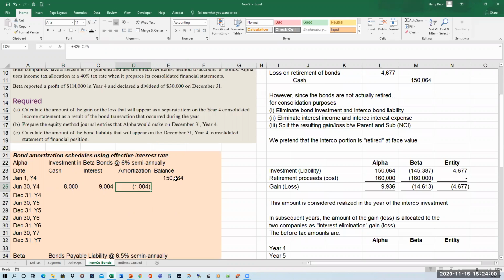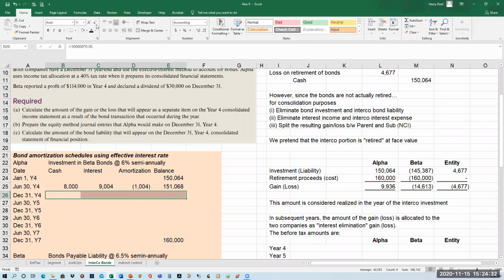And that makes sense because this balance of 150,000 needs to go up all the way to 160,000 by the end of 2007. So at the end of June 30th, year 4, you get 150,064 minus a negative 1,004. When you minus a minus, you end up adding. So we'll add $1,004 to get 151,068.